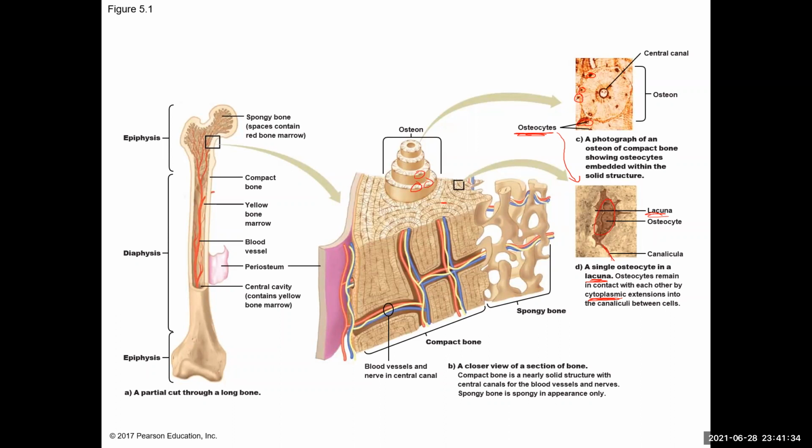These connecting lines are called canaliculi. Okay? So basically what you have is an osteocyte that is inside of the lacuna. Okay, so I'm just going to draw that around. And then you'll have these other canaliculi that would connect to other lacunae.